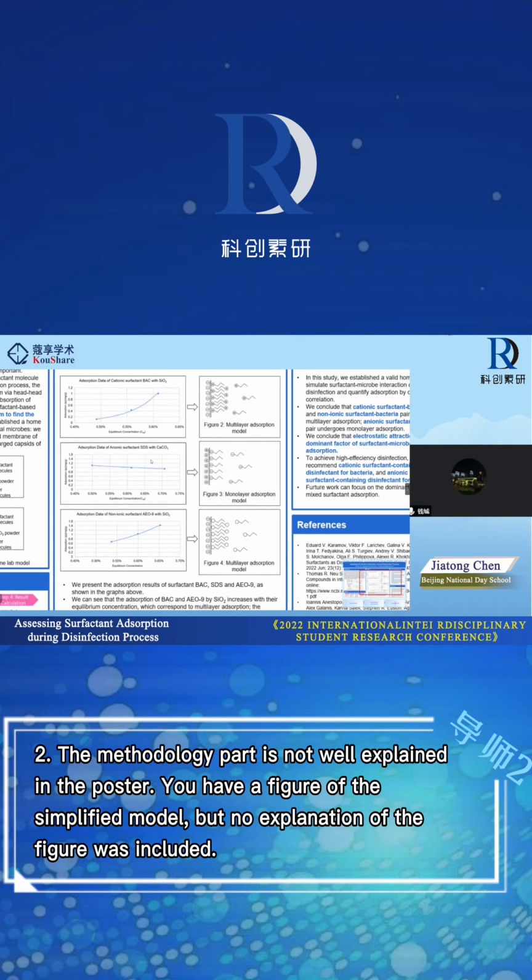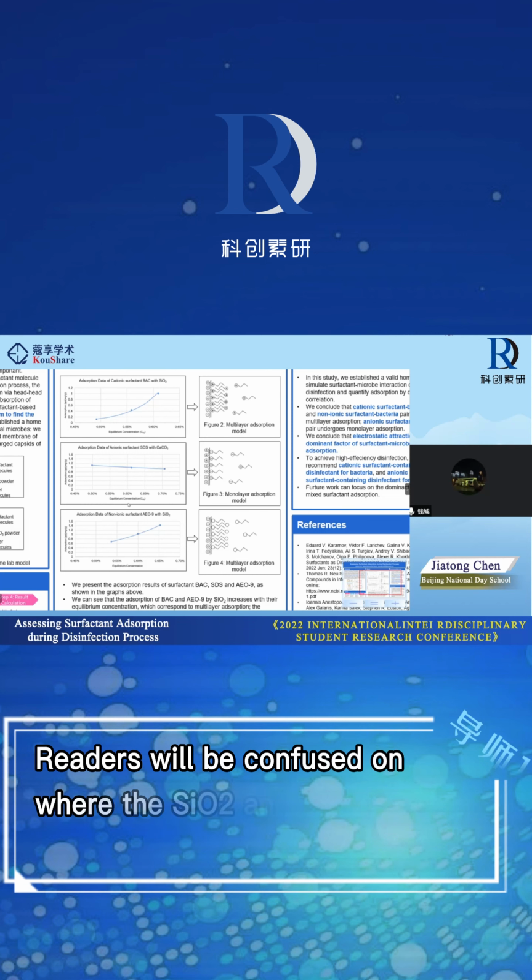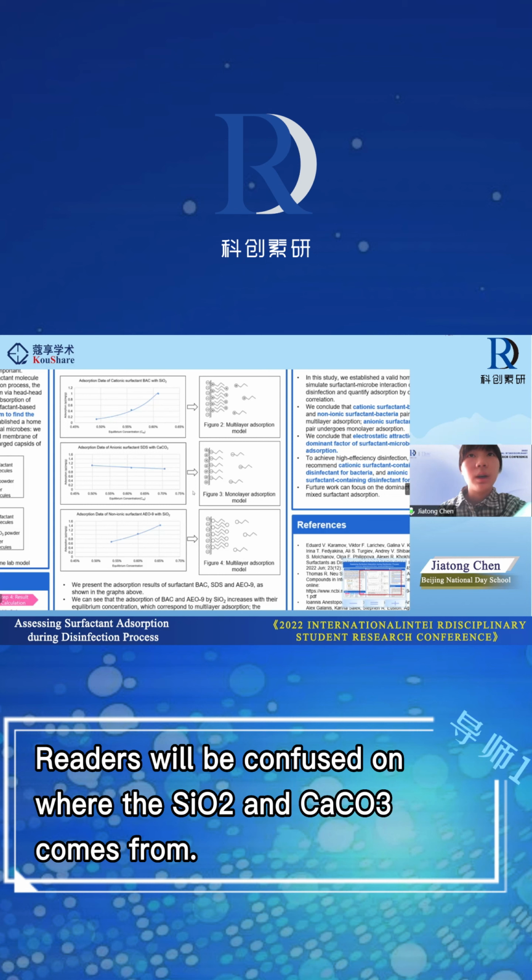The anionic surfactant adsorption with the calcite powder shows that the adsorption had no significant changes as the equilibrium concentration increases. Compared to the first graph, in the second graph, the trend line is almost horizontal, and the adsorption does not change when the equilibrium concentration increases. So that fits our monolayer adsorption model.